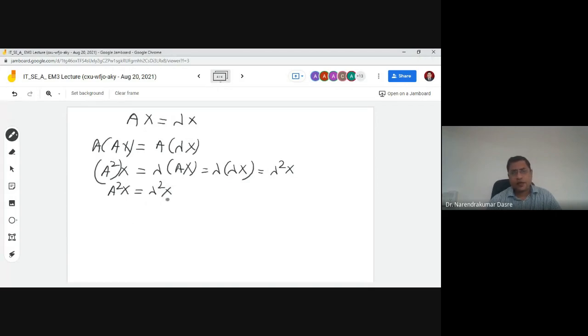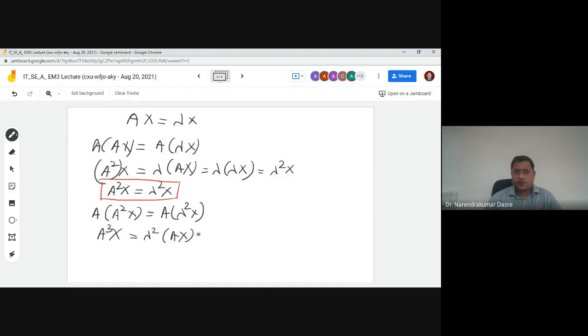Now multiply this again by A. So we can have A into A square x is equal to A into lambda square x. Again we can have A cube x, and now this will be lambda square Ax, but what we know is Ax is lambda x. So we got here lambda cube x.